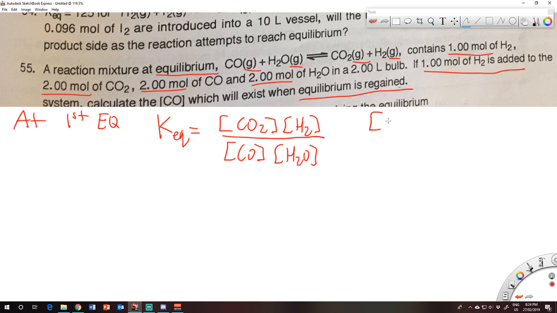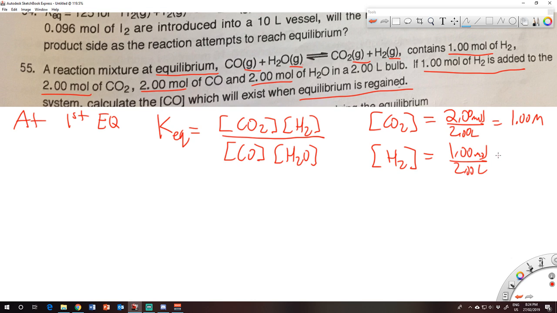Anyways, on to calculate the equilibrium concentration. CO2 will be 2 moles in a 2-liter bulb, so that's 1 molar. They all have 3 significant figures. Concentration of H2 is 1 mole over 2 liters, so that'll be 0.500 molar.